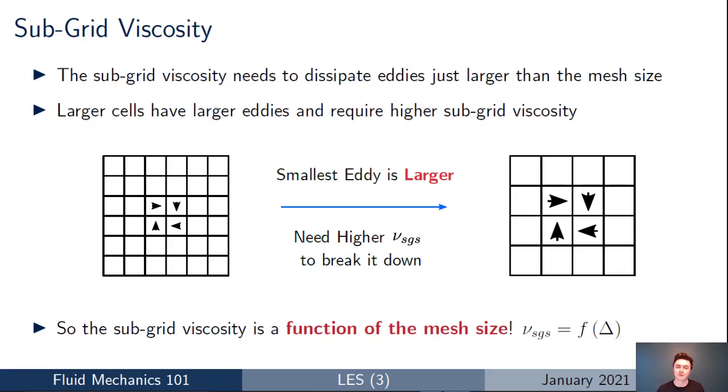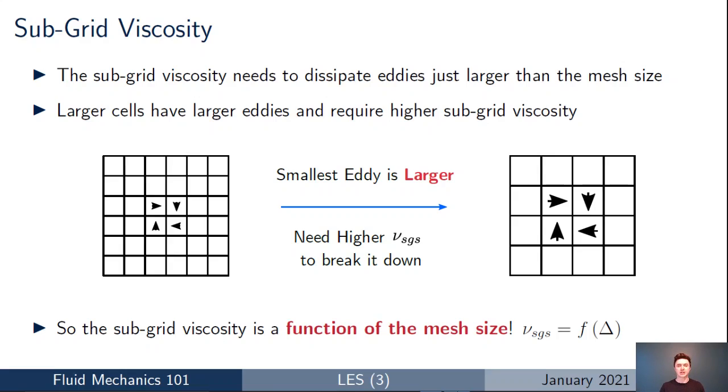And so that leads to the very important conclusion that the subgrid viscosity, no matter how we calculate it, is going to be a function of the mesh size. So your subgrid viscosity is going to be different depending on if you've got a coarse mesh or a fine mesh. The subgrid viscosity needs to be a function of the mesh size.